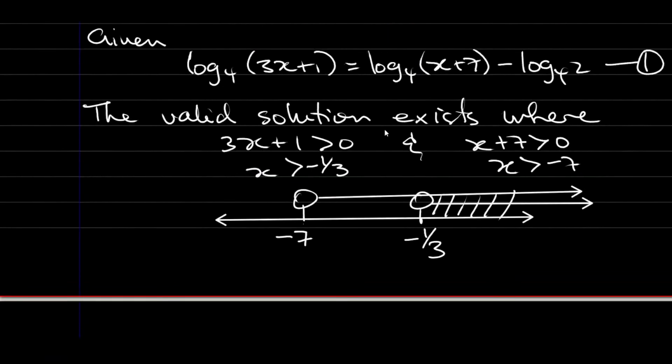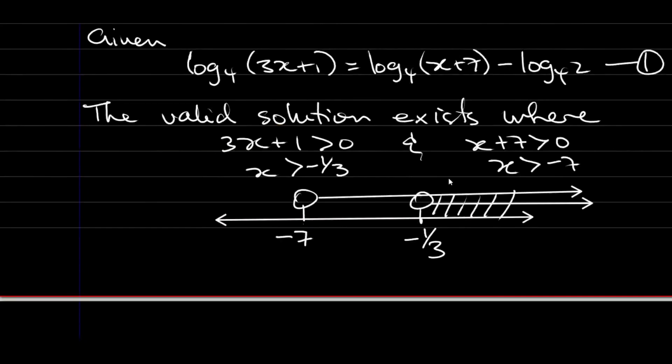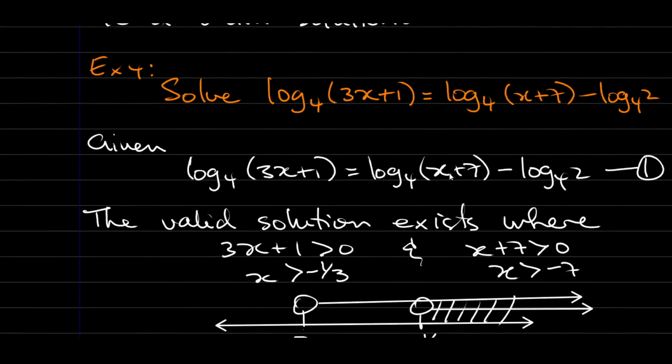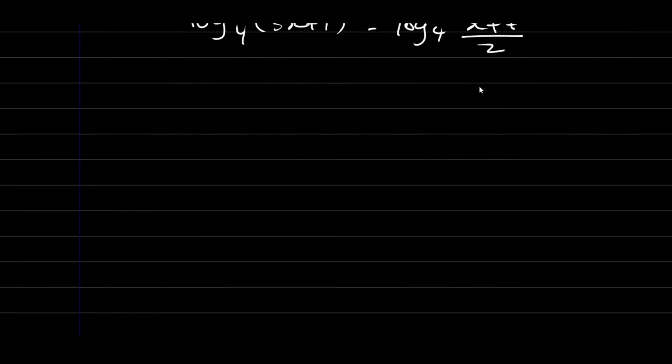So that's log base 4 of (3x plus 1), and on the other side it's log base 4 of (x plus 7) over 2. All right, so that is that.